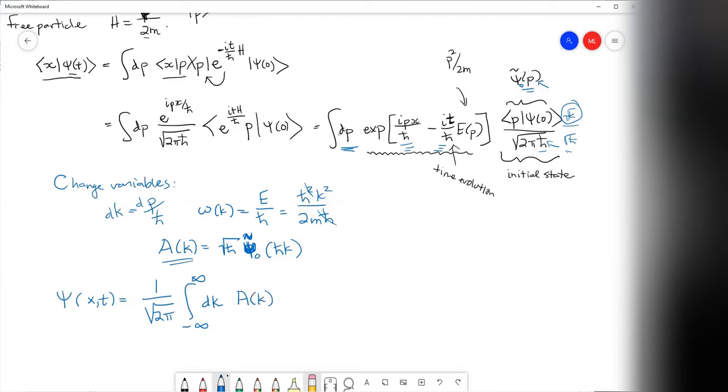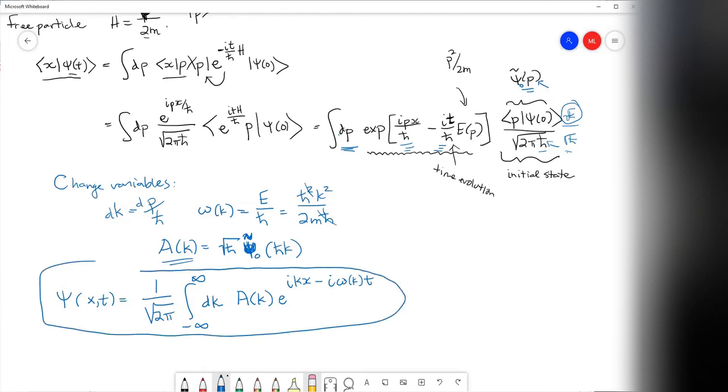And then it's e to the i k x minus i omega as a function of k, t. And that's what it is. That's the solution to the free particle.